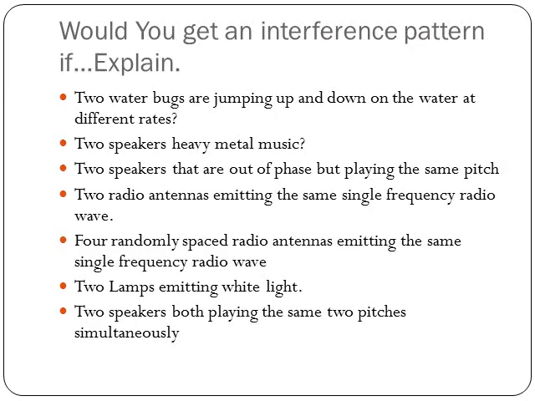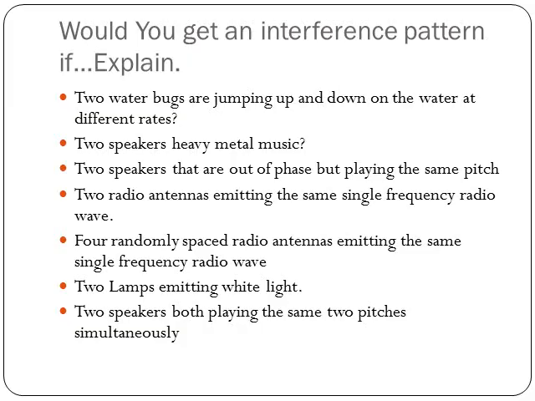Four randomly spaced antennas emitting the same single frequency radio waves. If they're randomly spaced, this definitely will not create an interference pattern. Two lamps emitting white light. Well, white light is made up of all the different frequencies of color, so it definitely will not create an interference pattern, or at least not a clear one of white light.